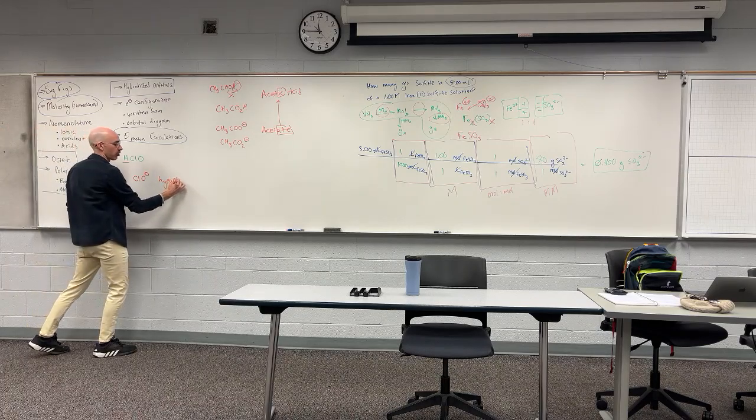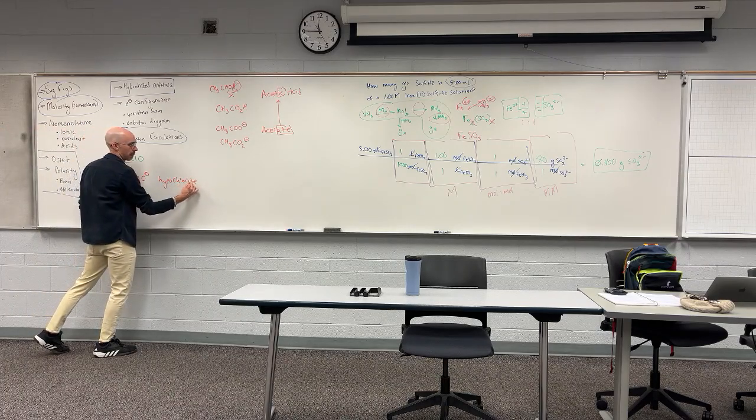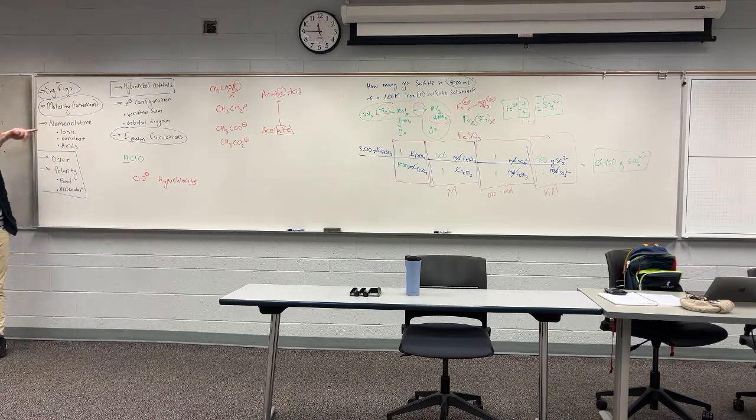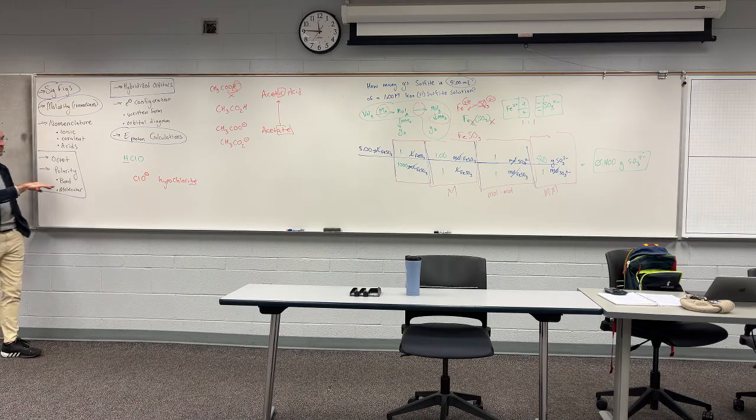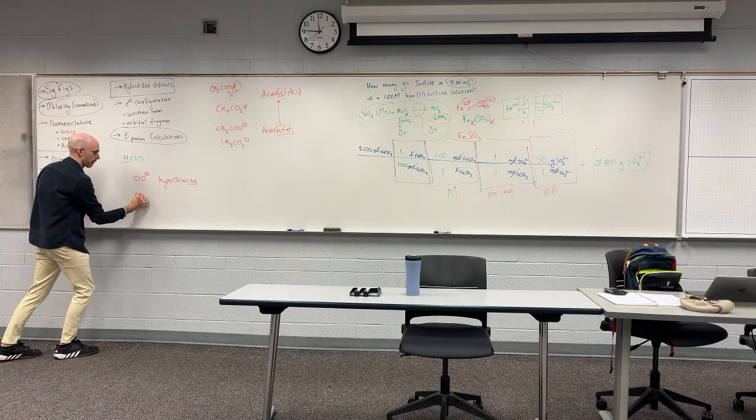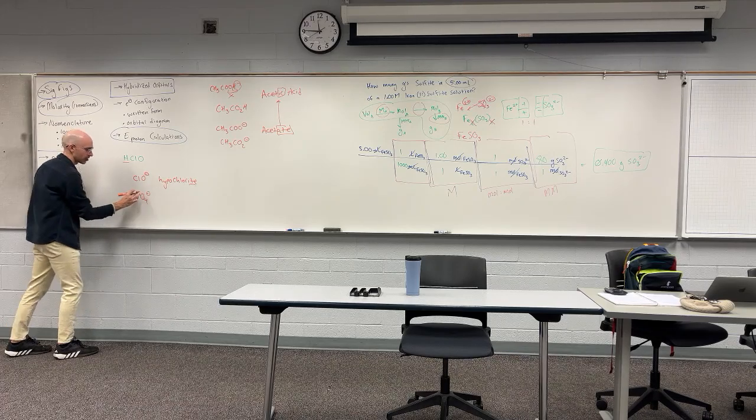And then we've got chlorite. Because ite, similar to last time, was telling us, again, less oxygens than the other versions. So this is hypochlorite. If I put as many oxygens on here as possible, that's going to be 4.